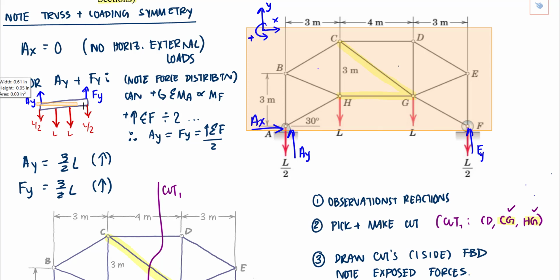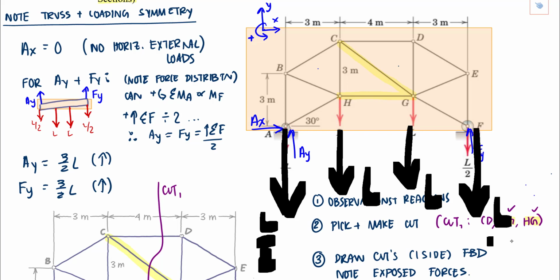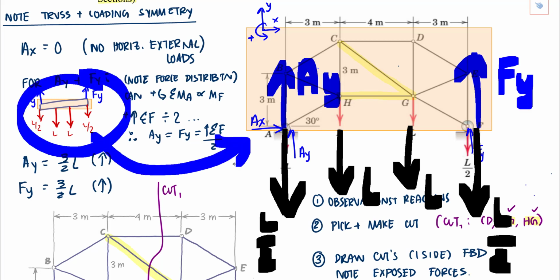In this case we did it with this truss. We treated that truss as a whole beam, and then we just simply looked at the different forces acting on it. So you had L over 2, you had L, L, L over 2, and then we knew that we had reaction forces, AY and then FY.